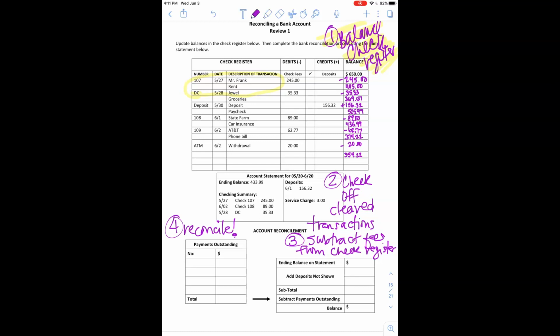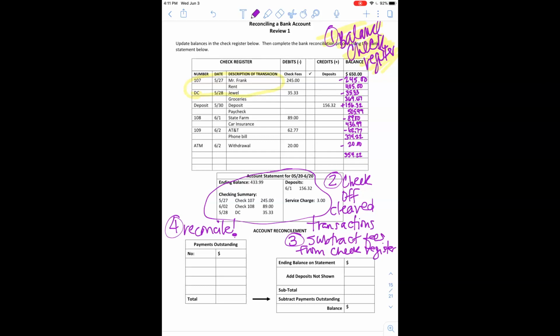The second thing we're doing is we're going to clear off all of our cleared checks. So remember, this is the statement right here. Obviously, it's a little smaller than a normal statement, but on here you can see the different transactions that have cleared. So we have check 107, check 108, a debit card, and then we have a deposit that went through, and then there's a service charge.